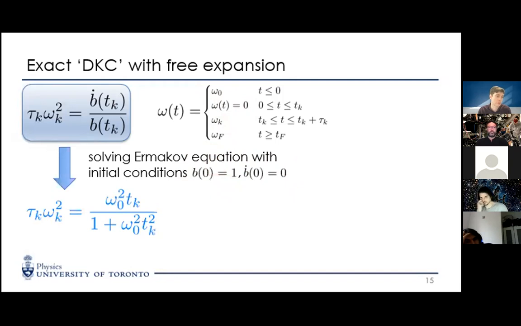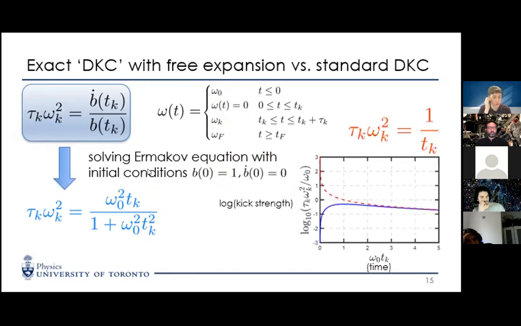The scaling factor is initially 1. And when we do that, we get this expression here, which we can compare to the ideal classical kick, where the kick strength was just 1 over the expansion time. And what we see here is that in the long expansion time limit, these two things coincide, which is nice. That's, I guess, what we expected.